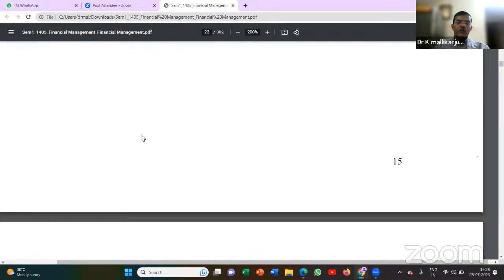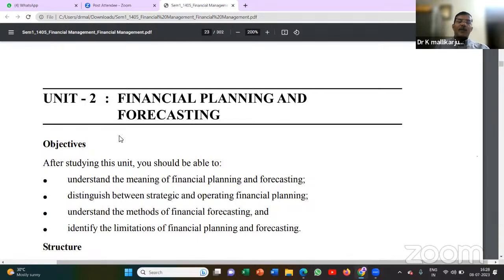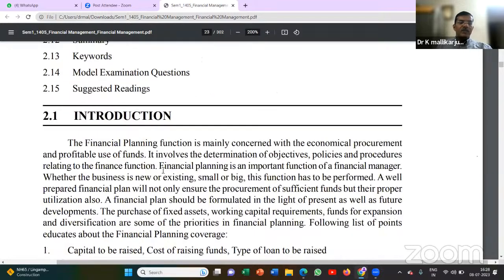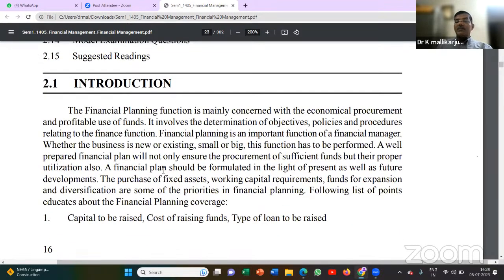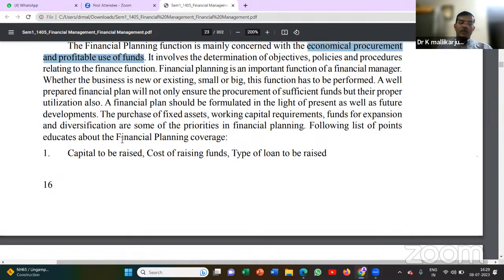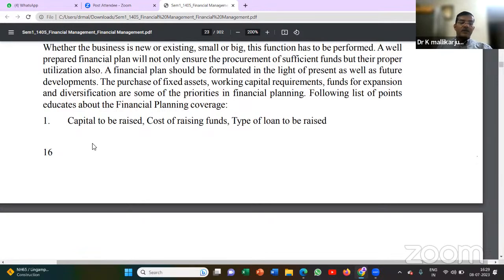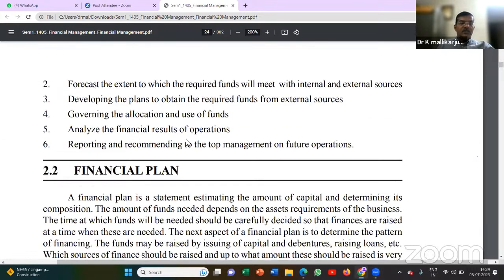Now we move to the second unit, that is financial planning and forecasting. Here financial planning is mainly concerned with economical procurement and profitable usage of funds. Again two things, right? Economical procurement and profitability of usage of funds. So financial planning covers the cost at which capital can be raised and the type of loans to be raised.